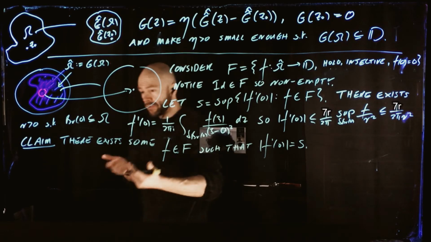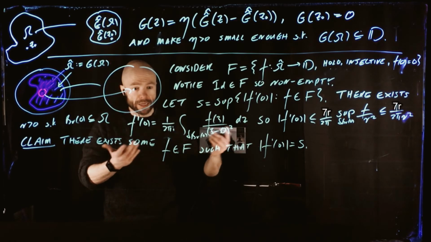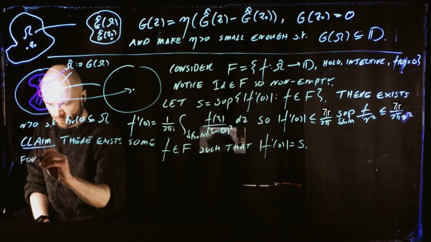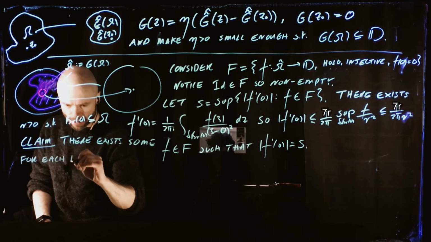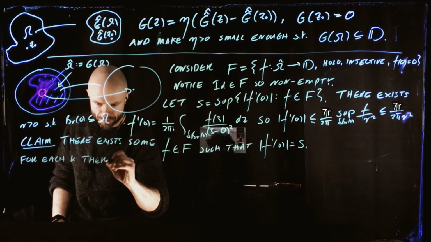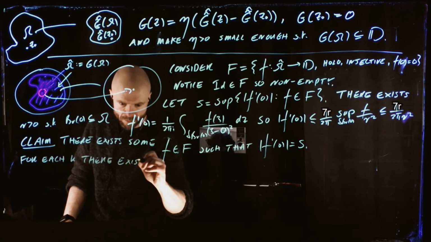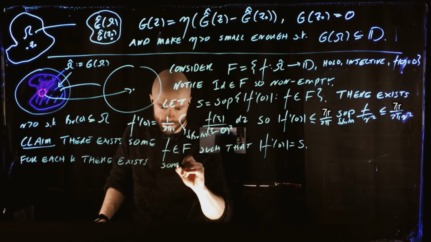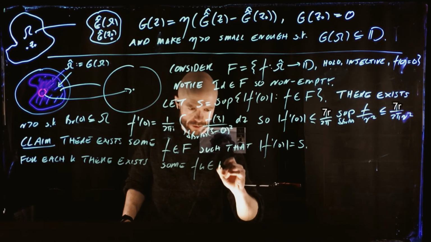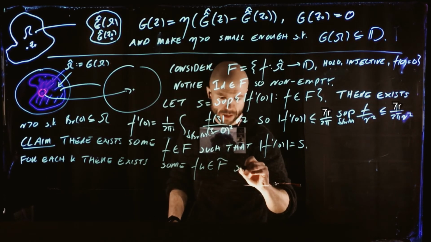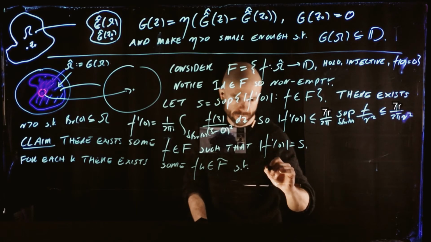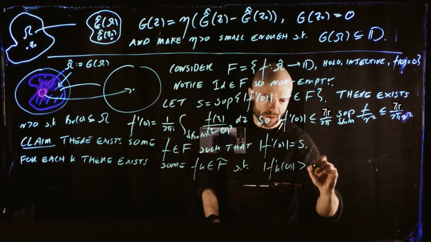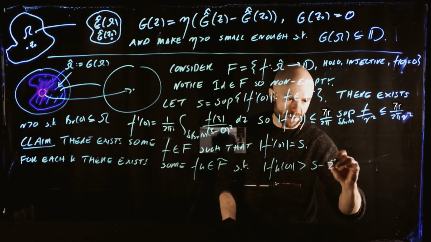So the natural thing is to try and get there from the limit, yeah? So by definition, for each k, there exists some fk belonging to this function class such that the absolute value of fk prime of 0 is bigger than S minus 2 to the minus k.